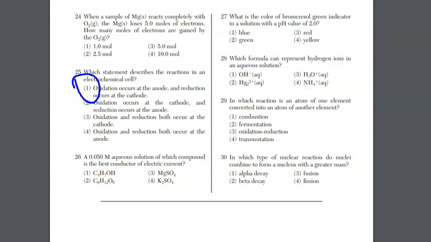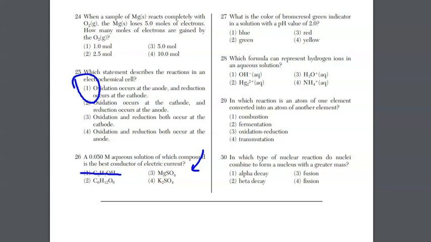26. A 0.05 molar aqueous solution of which compound is the best conductor of electric current? Your best conductors are going to be your soluble salts, your acids, and your bases. Typically, your organic compounds are not great conductors unless they're acids and they break apart into ions.